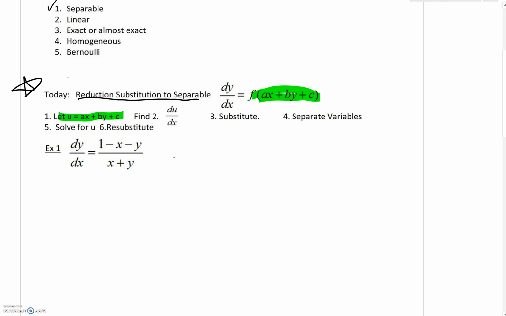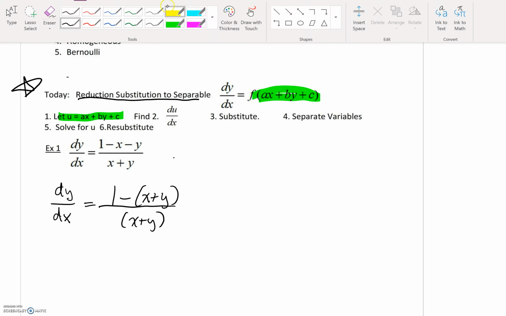As you're looking at example 1, dy dx equals 1 minus x minus y all over x plus y. It wouldn't take you too long for kids to say, wow, if I factor out a negative, I'd have 1 minus the quantity x plus y.